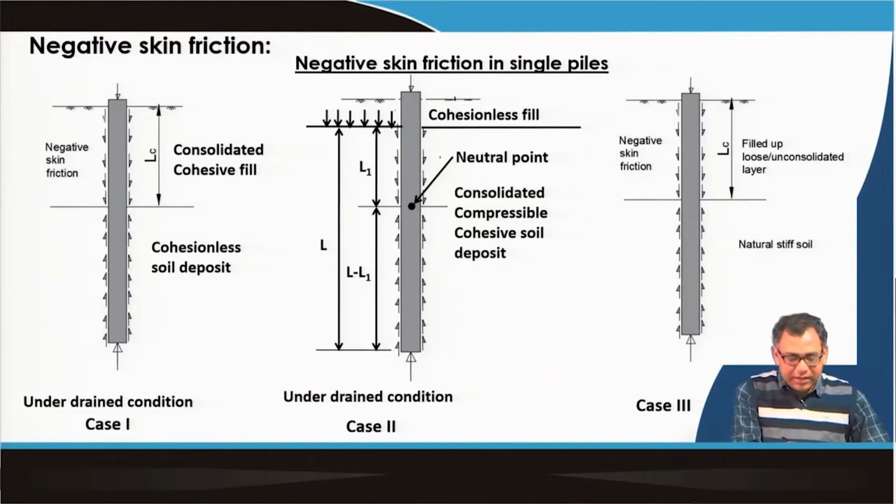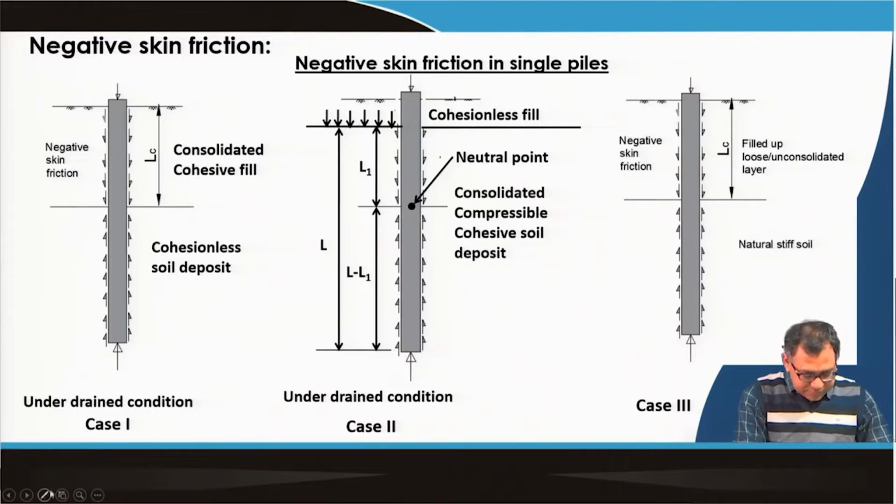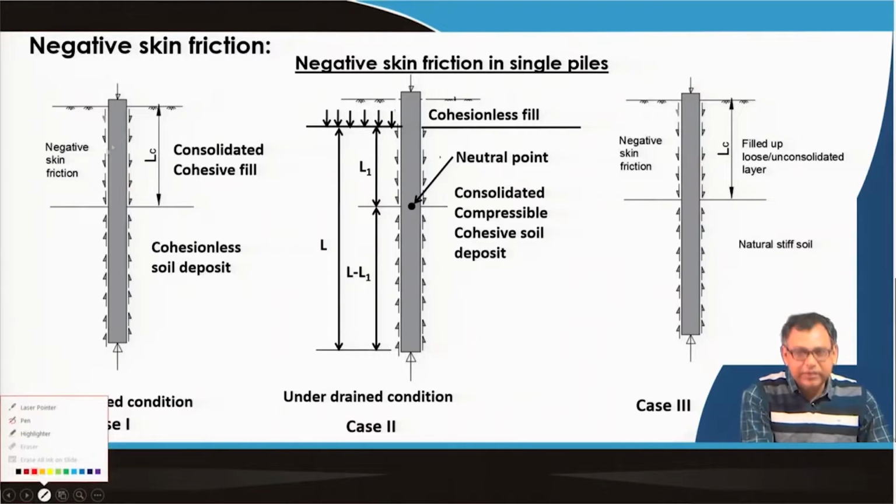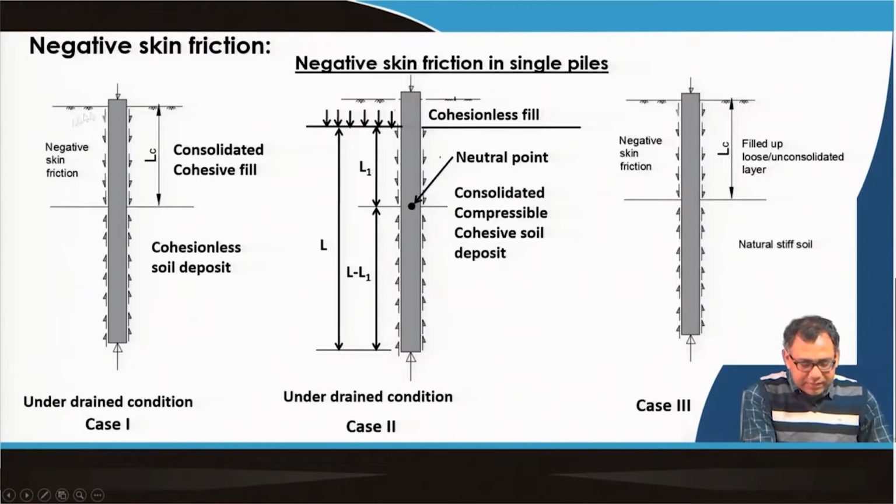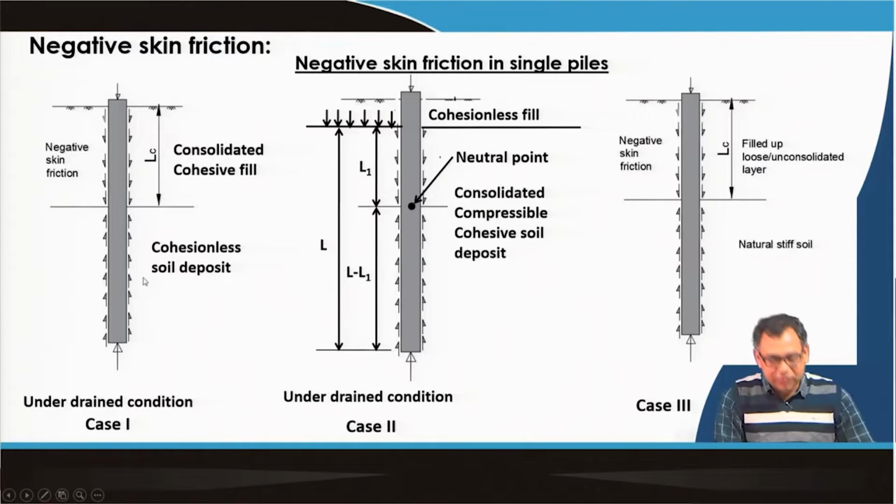So, this is the condition. Here the top soil is the fill, and the bottom soil is the actual natural soil. You can see the fill soil movement is more compared to the pile, so the friction will act in the downward direction, but in the natural soil deposit the friction is acting in the upward direction, which is the normal trend.